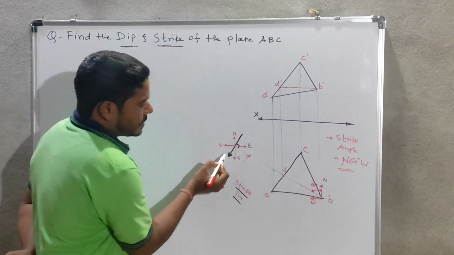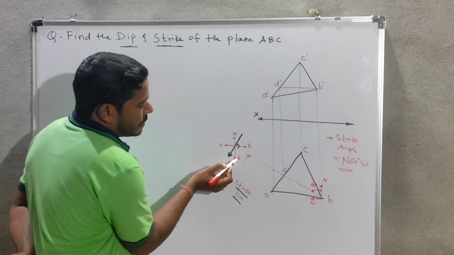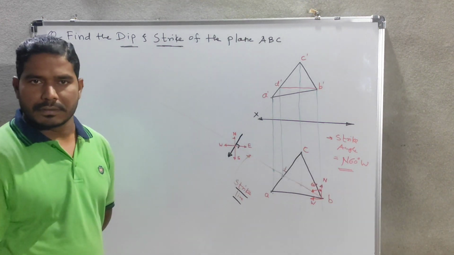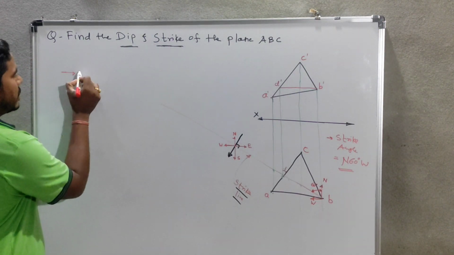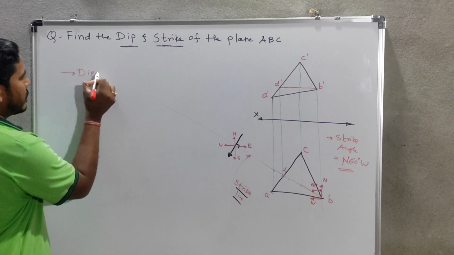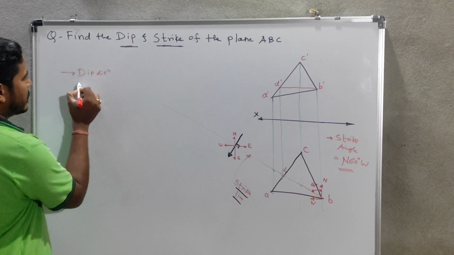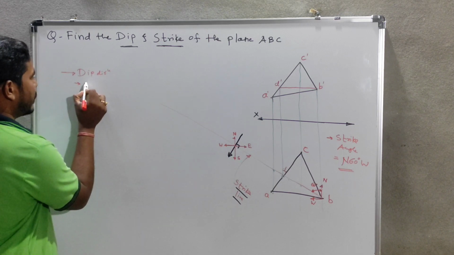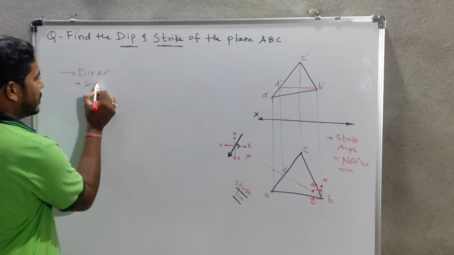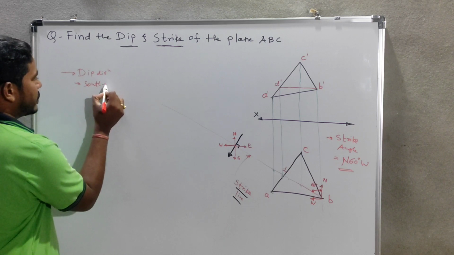Whatever the dip direction is, it comes into the southwest quadrant. That means the dip direction we get will be southwesterly.